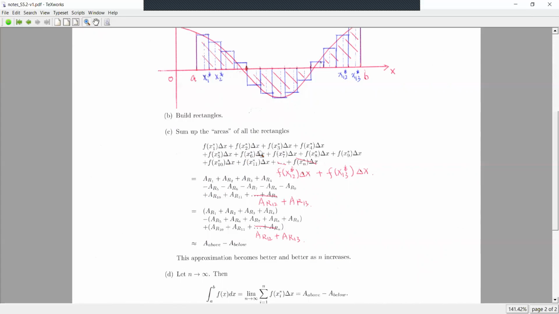And also this is a negative number, so negative area of rectangle 6, negative area of rectangle 7, and so on. And then this is the function value at this point, positive. Positive times base is the area of the 10th rectangle. This is the area of the 11th rectangle, and so on. Now, let me take out the negative sign for these 5 rectangles. Then I get this equation.